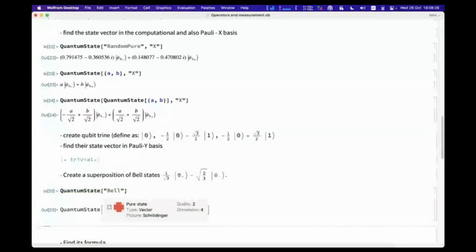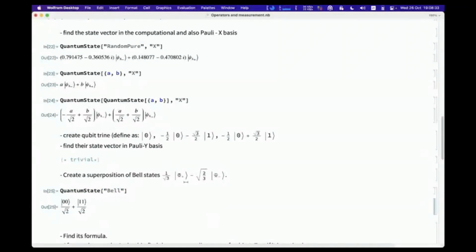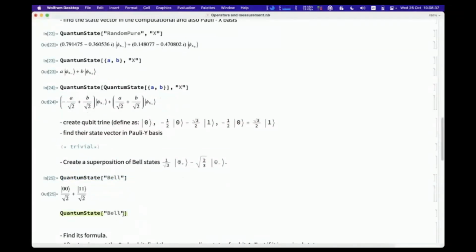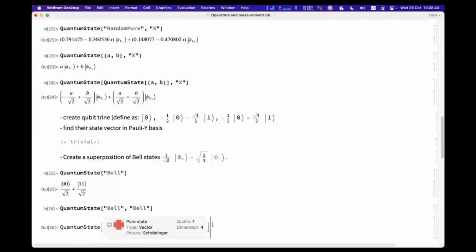You see here we have a very particular superposition of phi plus, phi minus. Now, how can we create them? You can either go to Bell basis and give an amplitude, for example any amplitude.